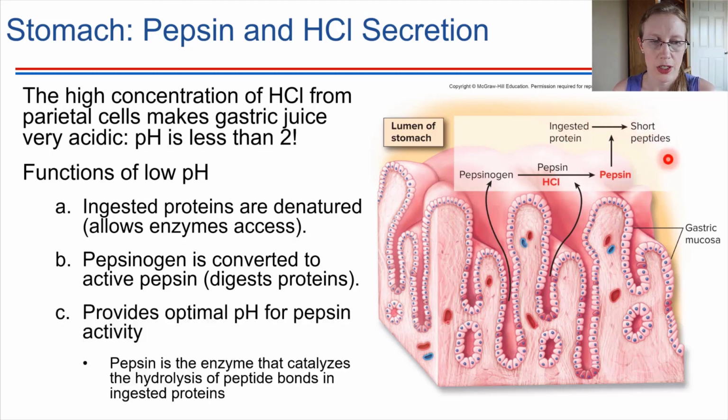Once pepsin is produced, it has an optimal pH range. Remember, all enzymes do. Pepsin's optimal pH range is right about pH of 2, so this helps pepsin to work very effectively in the acidic environment of the stomach. This acidic environment inactivates other enzymes. Remember, we said in the mouth, salivary amylase starts the digestion of starch.